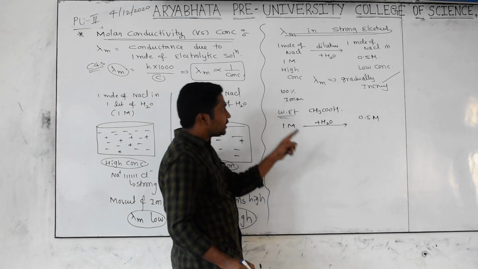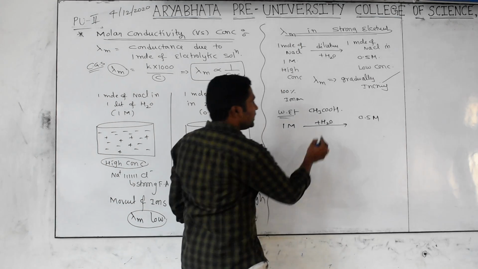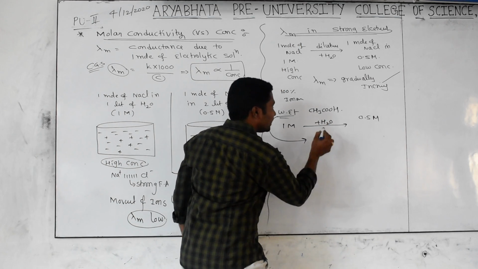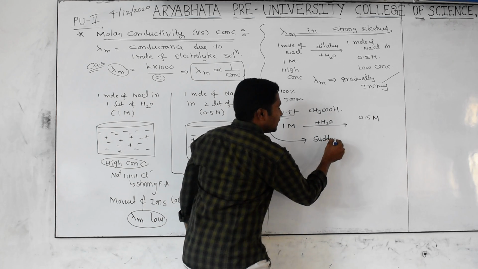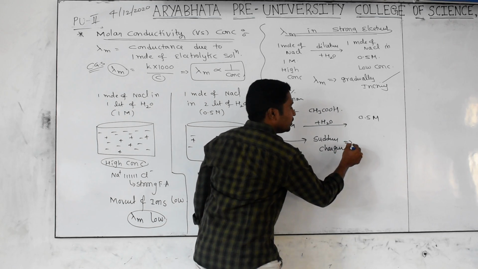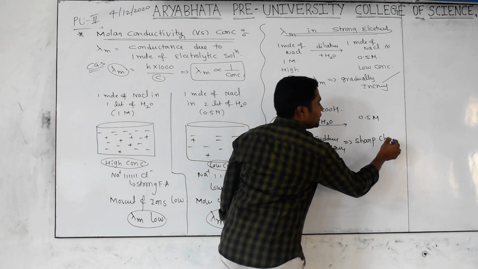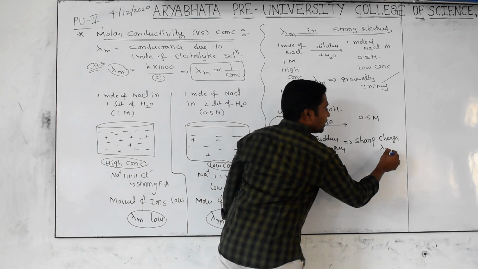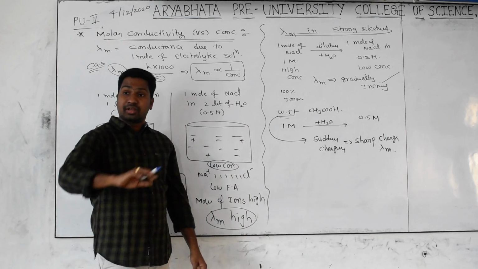While decreasing, molar conductivity will definitely keep increasing, no doubt. But in the case of a weak electrolyte, we get sudden changes in lambda m. We call these sharp values. A sharp change we get in lambda m. Suddenly it changes, not gradually.